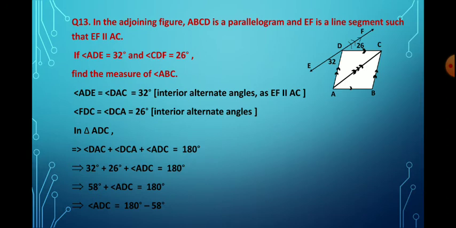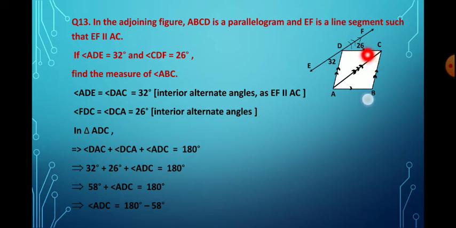Next, moving on to question number 13. In the adjoining figure, ABCD is a parallelogram and EF is a line segment such that EF is parallel to AC. If angle ADE is equal to 32 degree and angle CDF equals 26 degree, find the measure of angle ABC. See, EF is parallel to AC, so angle FDC equals angle DCA. Why?